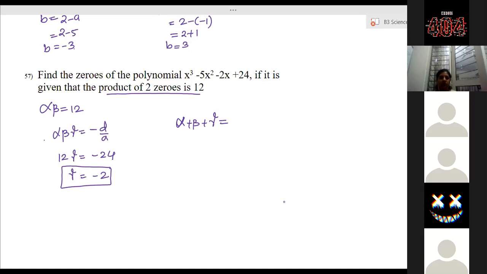Yes, ma'am. What's the value of alpha plus beta plus gamma from the given equation? Vaibhavi, what's going on? What's the value of alpha plus beta plus gamma? What is the relation?